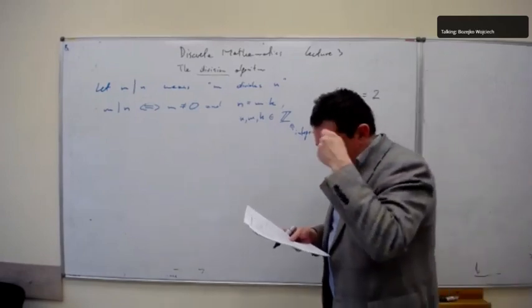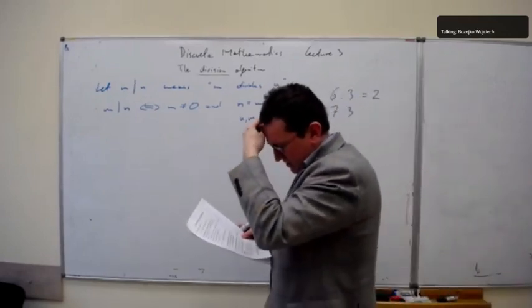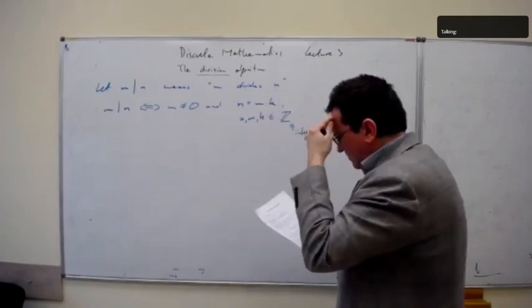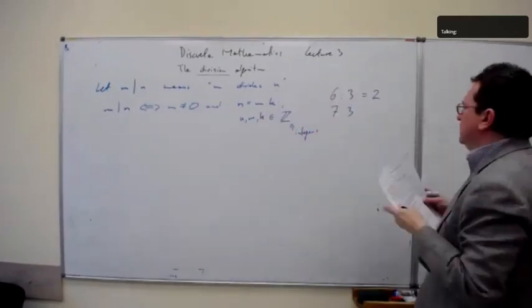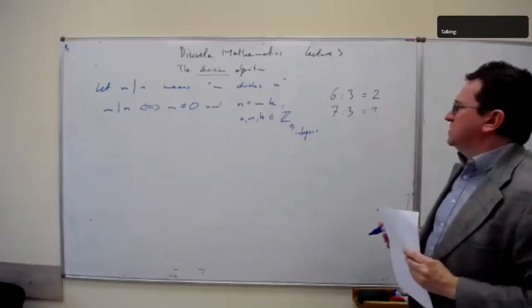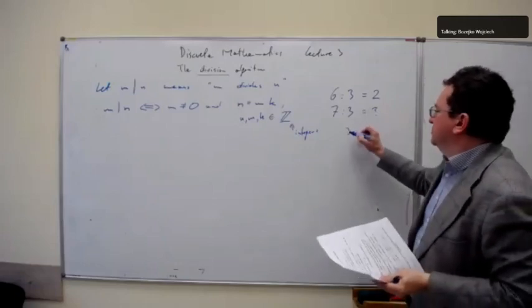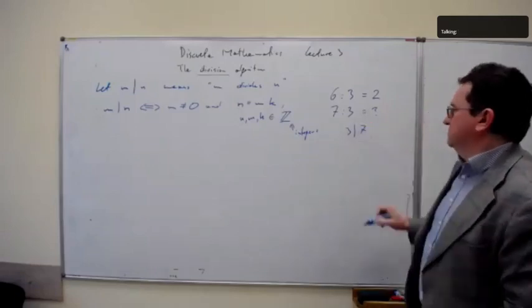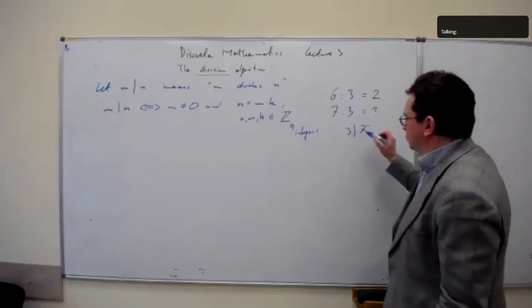So this is quite natural, but in such a case, there is a question, because 3 doesn't divide 7. Yes, this is not true.